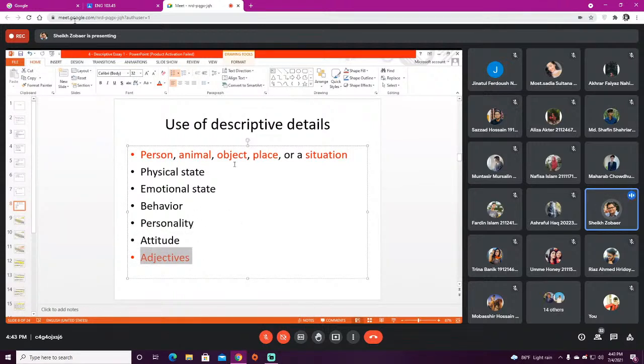If you're describing an object, by the way, then again the physical state of an object is relevant, meaning you have to talk about the shape, size, color. All right. Emotional, behavior, personality, attitude, the remaining 4 are not at all relevant to the description of an object. So maybe something else would be relevant.